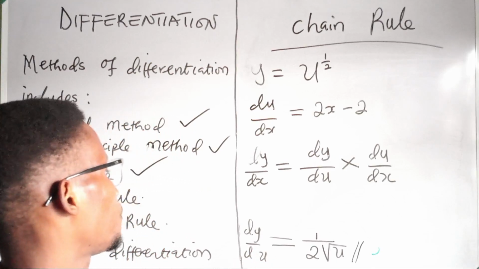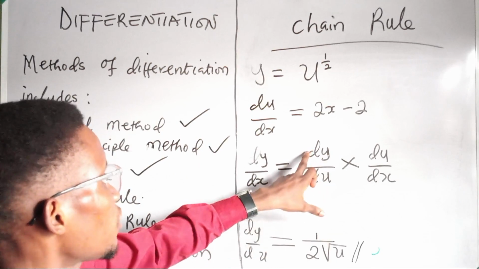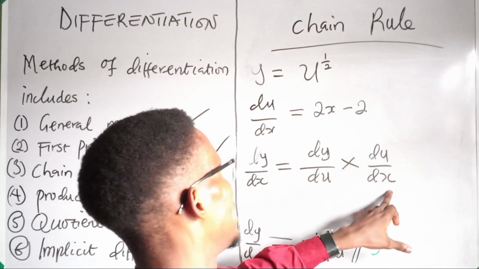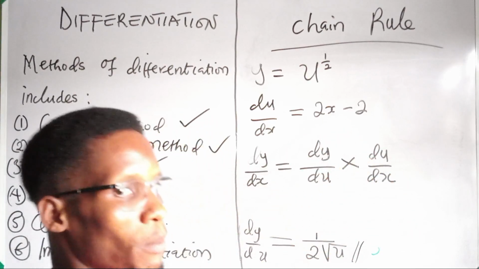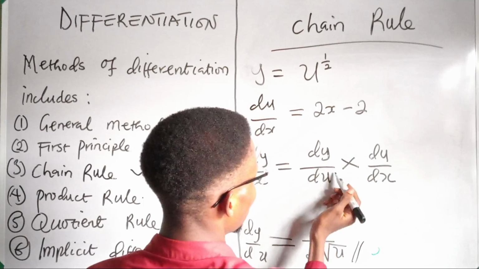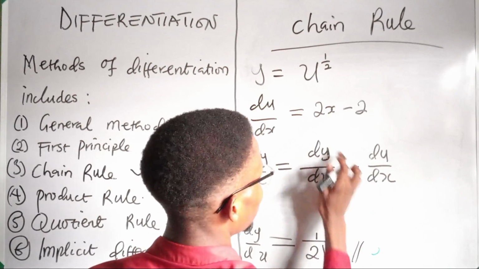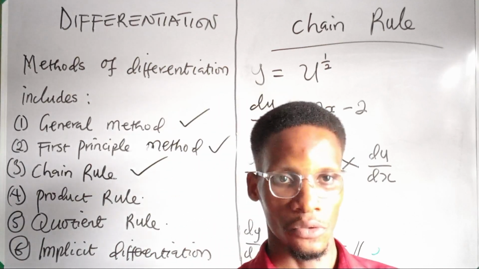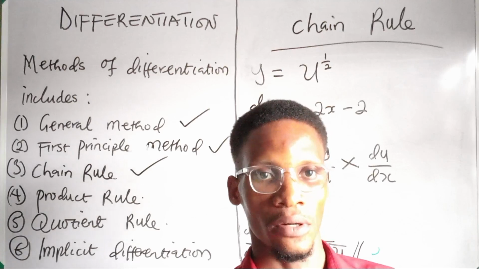So now we have our dy over du as this, and our du over dx as this, so we have to multiply them together. Remember, there's nothing extra we did here. The du can cancel against the du, and it will remain dy over dx, which is what is here. So that's the formula you apply to solve the chain rule.